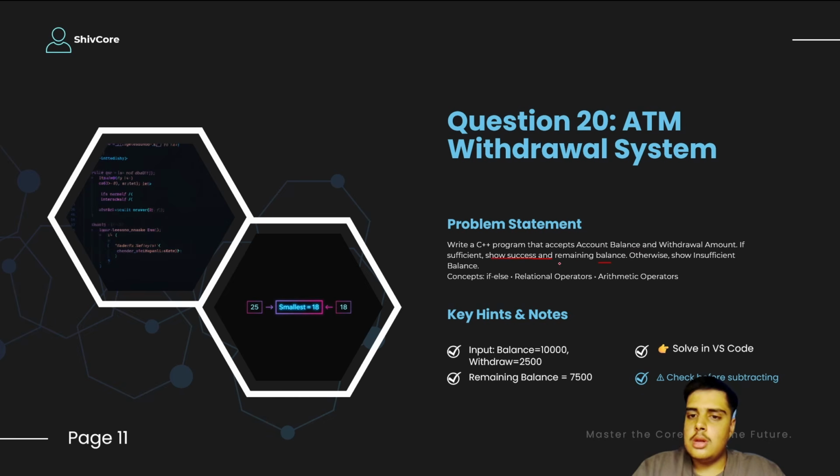Otherwise show insufficient balance. The concepts used are if else, relational operators, arithmetic operators. Let's say if input balance is 10,000 and we withdraw 2,500, the remaining balance should show as 7,500. So for this also we can do it.